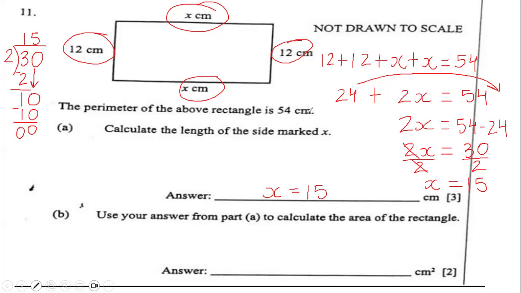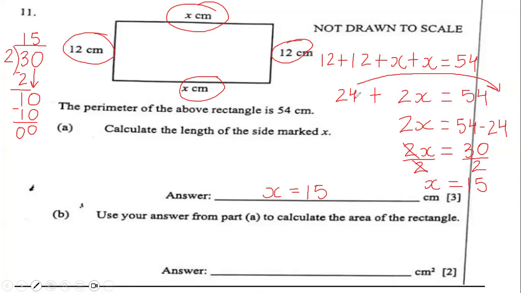So we have 12 plus 12 plus 12. And when we add 12 plus 12, what is that, Kamaya? 24. Good.